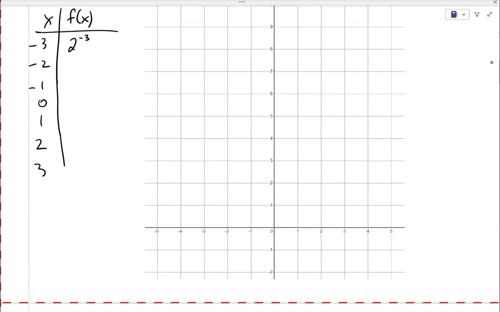When we put in -3 into the function, we get 2 to the -3rd. What does a negative exponent tell you to do? Does it mean make the number negative? Is that what a negative exponent means? No. What does it mean? I think you're thinking about the right idea, but not quite there.